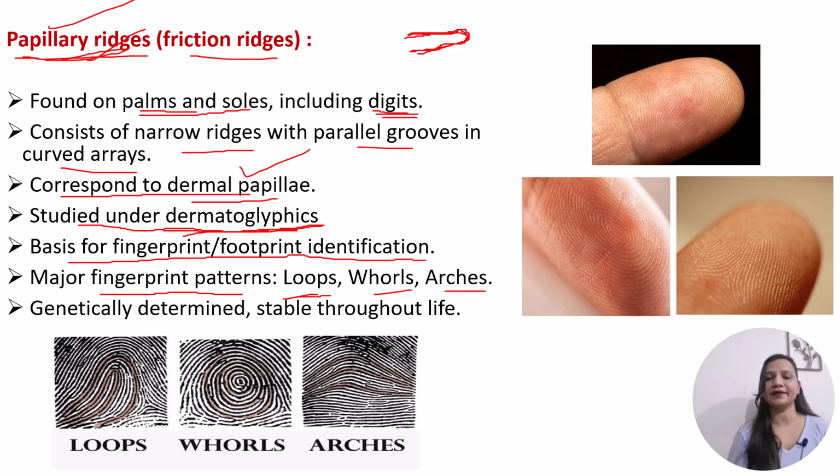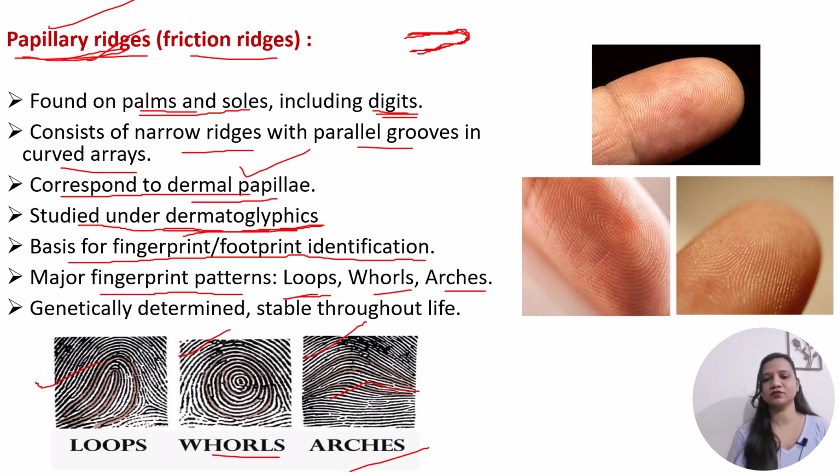As you can appreciate in this picture, these are the loops, this is the whorls, and these are the arches. These three types of fingerprint patterns are found in human beings, as you can appreciate here in the real picture.